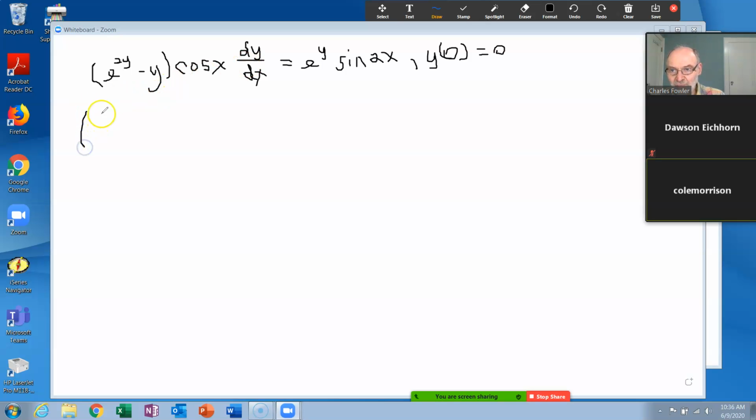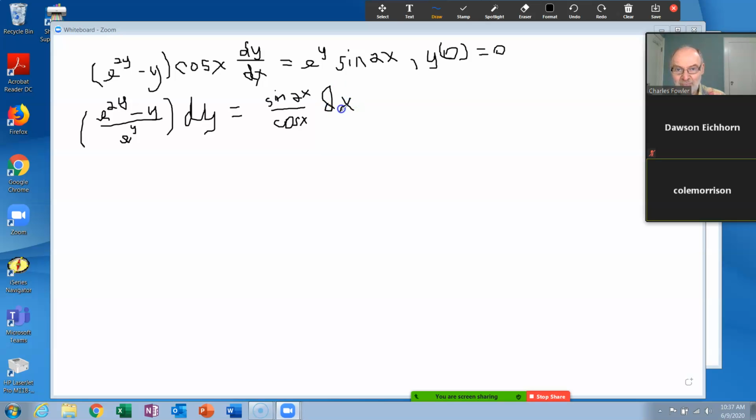So your functional values of y is e to the 2y minus y divided by e to the y, and then you just have your dy here because we moved the dx to the other side, and this is equal to, you moved your dy over, the e to the y over here, so it's gone, and you have just sine of 2x over cosine of x, and then you have your dx.